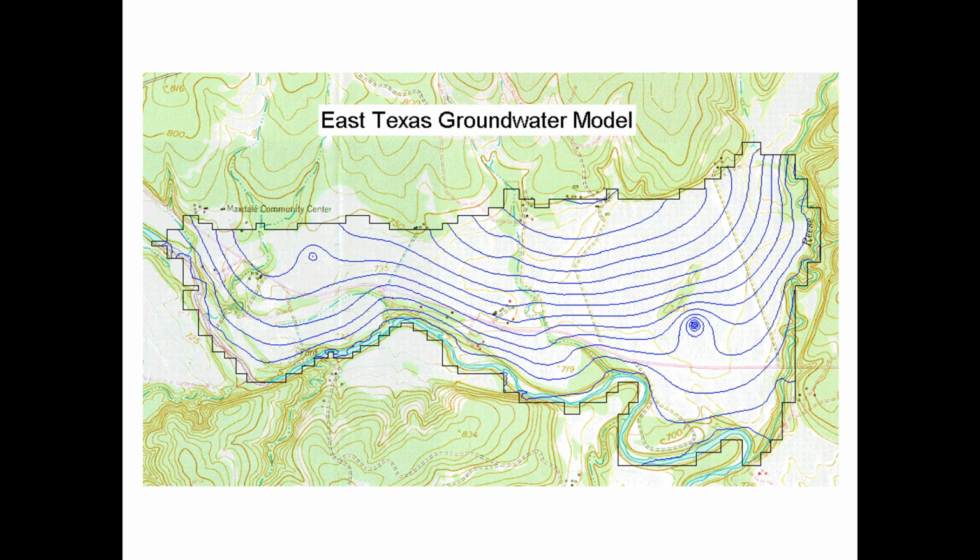And once we do that, we end up with a solution, which is shown here. These blue lines are contours of total head found by solving that governing equation after the application of the boundary conditions and also the material properties, the hydraulic conductivity of the aquifer, the thickness of the aquifer.